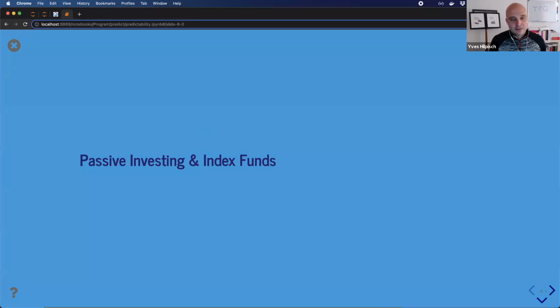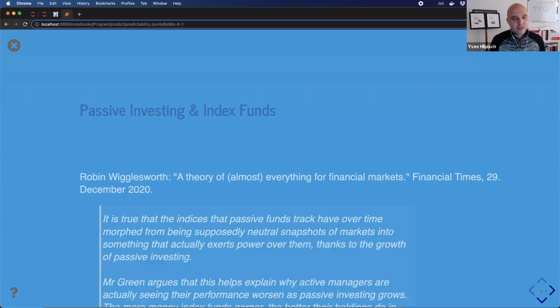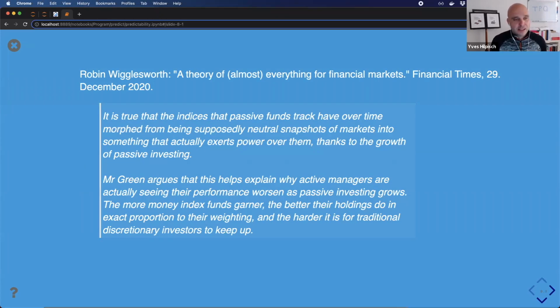The current prices simply reflect what is to be learned from any kind of source. And we have here an article, December 2020, Financial Times. I like the title, A Theory of Almost Everything for Financial Markets. And you see here: it is true that the indices that passive funds track have over time morphed from being supposedly neutral snapshots of markets into something that actually exerts power over them, thanks to the growth of passive investment.